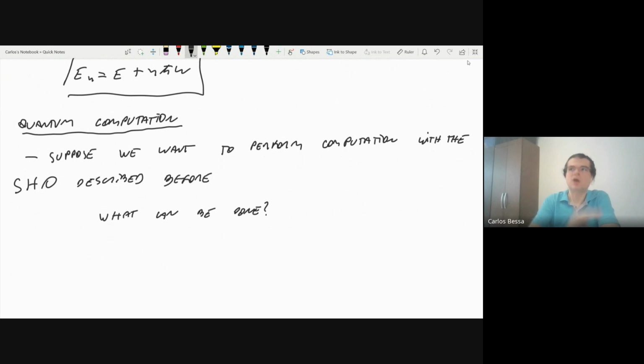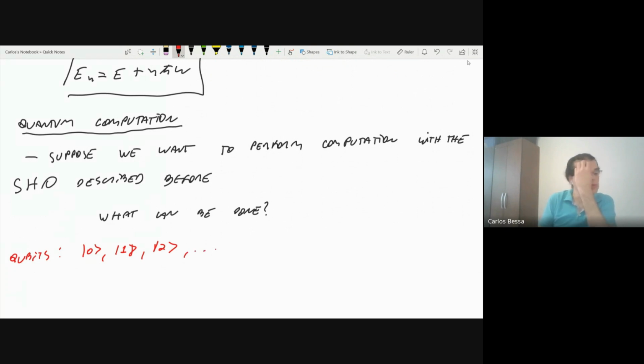So each energy eigenvalues, sorry, the energy eigenstates, in fact, right? Because the qubit is the state 0, 1. So the qubits could be the states 0, 1, 2, and so on.